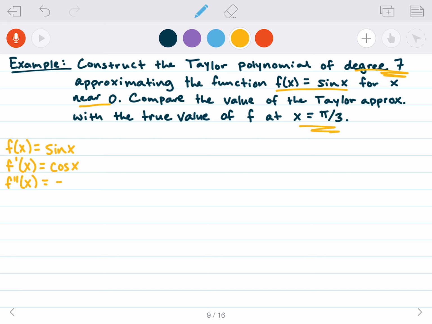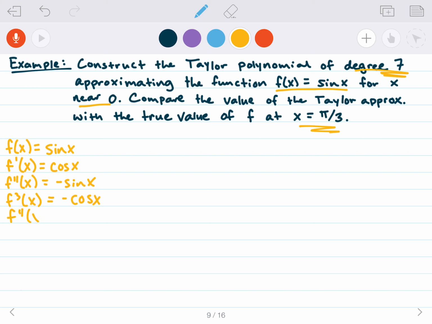F double prime is negative sine. This guy just means I'm tired of writing those prime symbols, and so this is just notation for the third derivative. The fourth derivative is going to have a 4 and so forth.